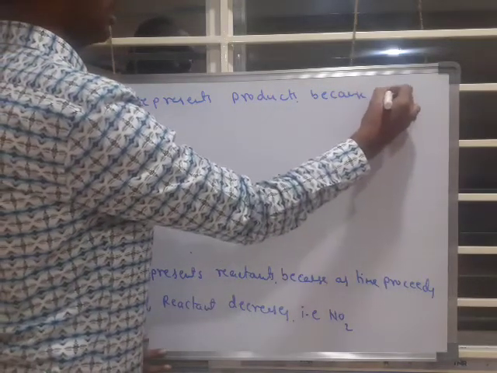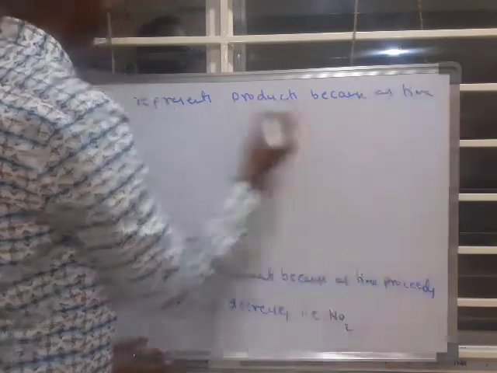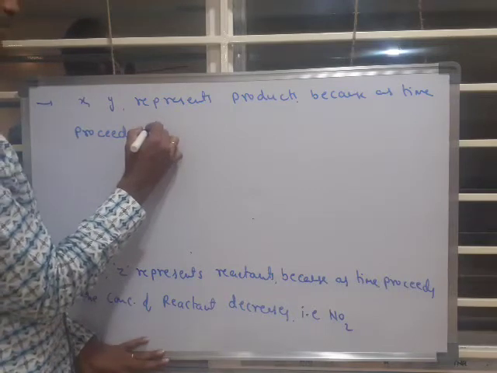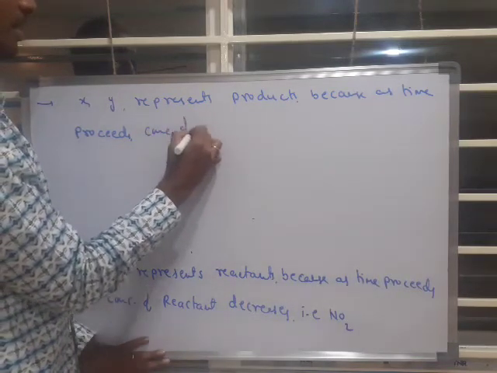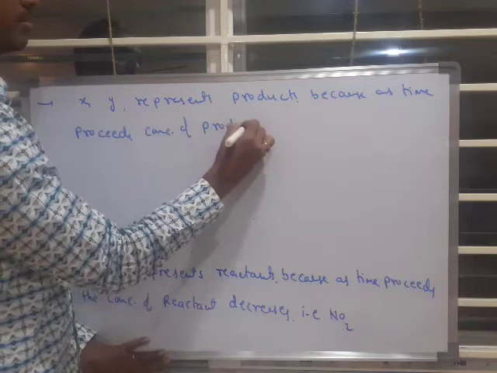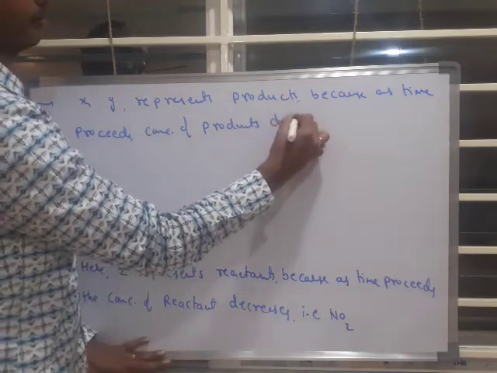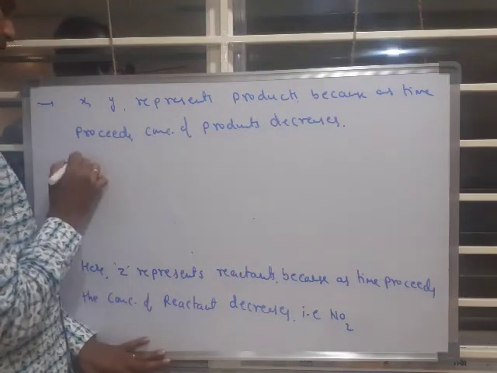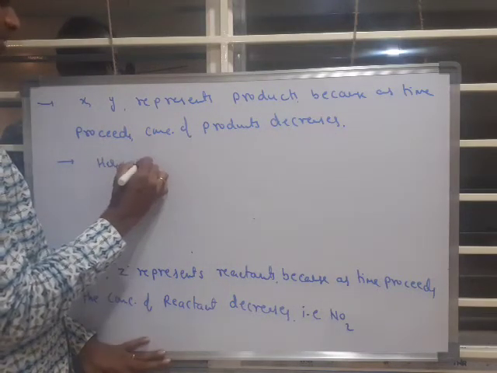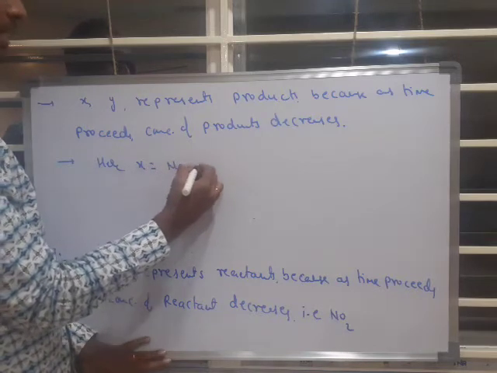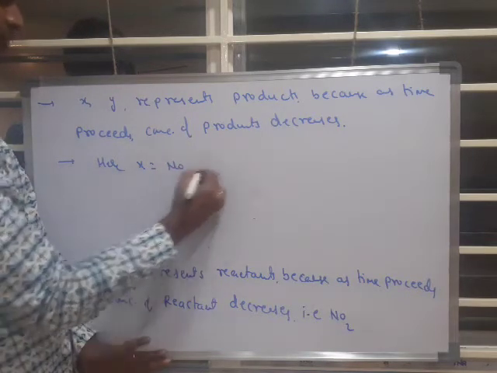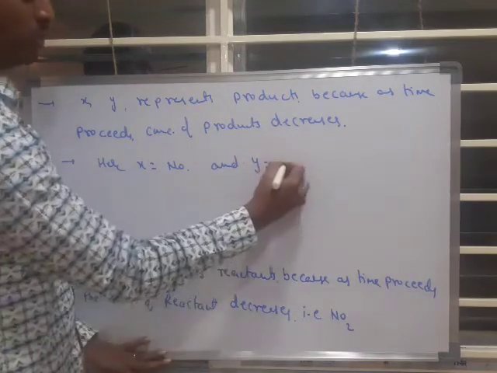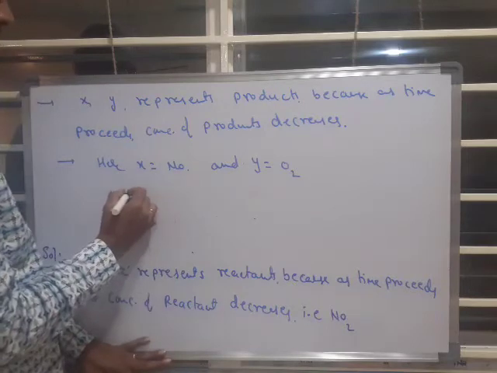Because as time proceeds, the concentration of products decreases. Therefore here X equals NO and Y is equal to O2. How is that?